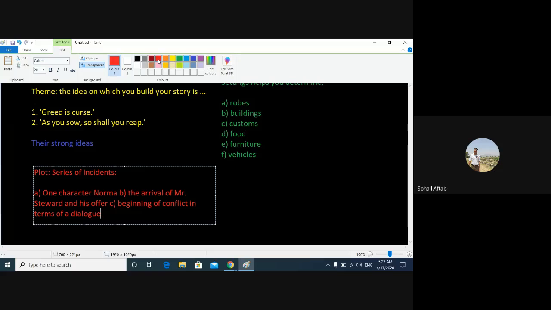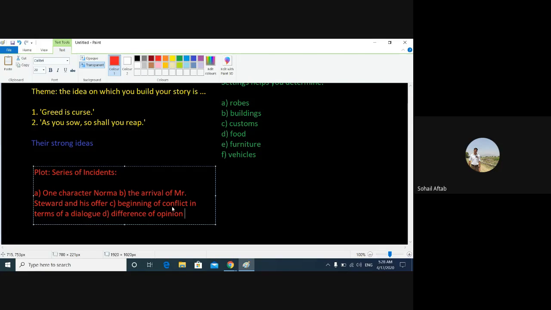Now here, if you see the conflict, let me stop it here. Once the conflict point comes, I will again come to conflict and finish it. In the beginning of conflict in terms of a dialogue, the next point can be the difference of opinion. Some of you may ask me how you can say that this is a separate incident.